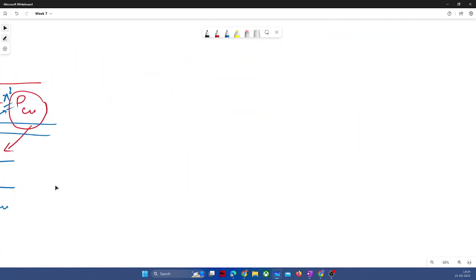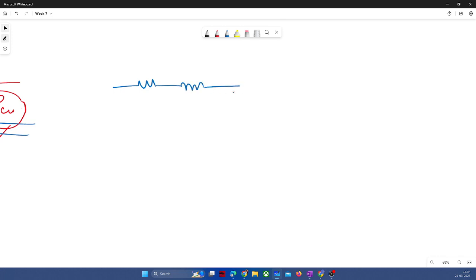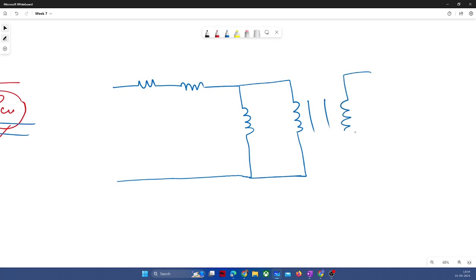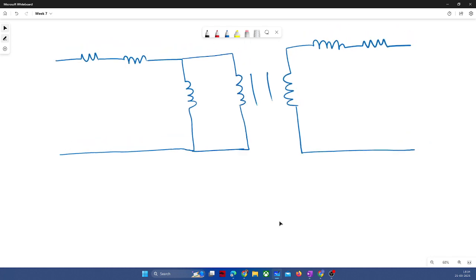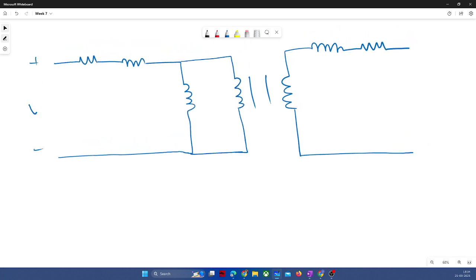Let us suppose we have certain parameters R1, L1, Lm, and this ratio is N1 is to N2, then L2 and R2.